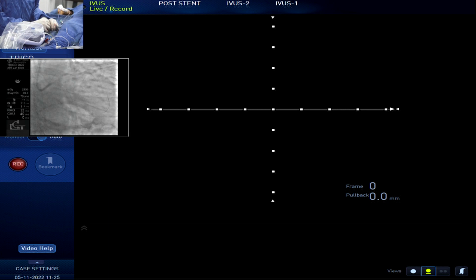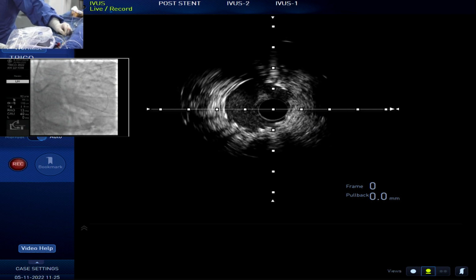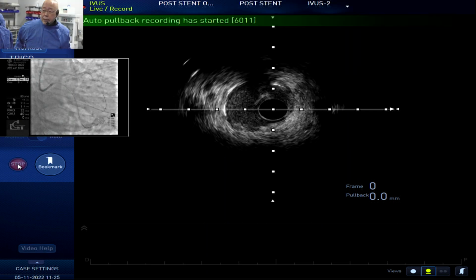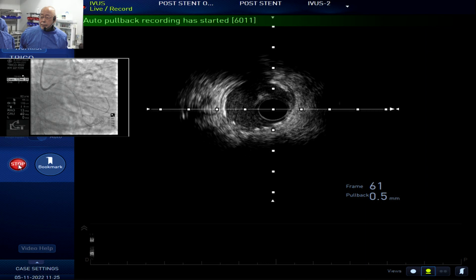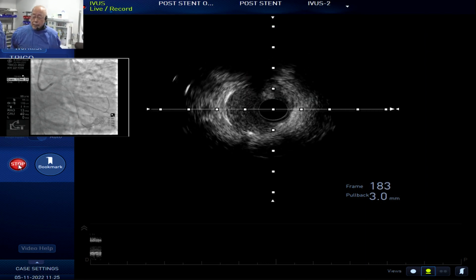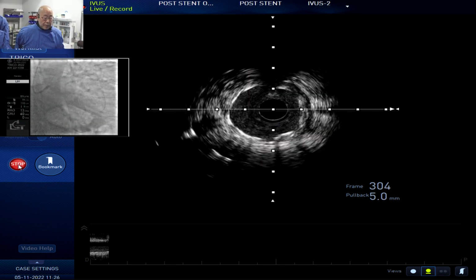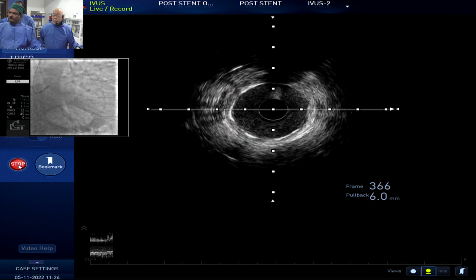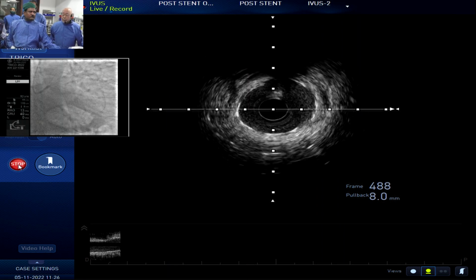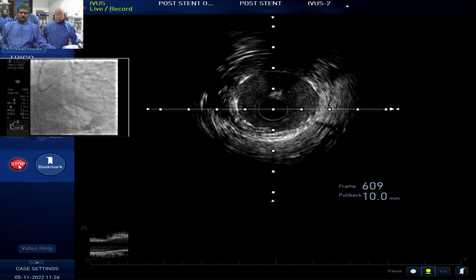Or 15,000. Okay, from here, within the stent. Distal part of the stent. We try to pull back. So this time we are trying to focus on the aneurysmal portion. Big flap here.